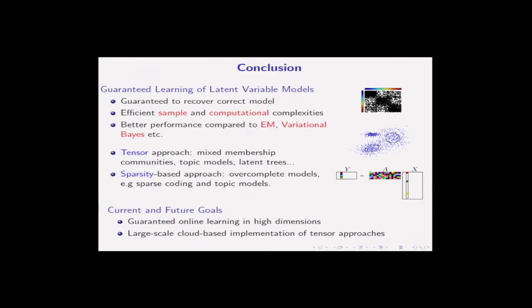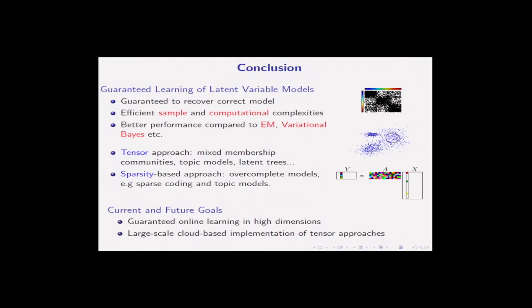And compared to heuristics such as EM or variational Bayes, we have guaranteed recovery of the true model. I would put them broadly into two approaches. One is the tensor decomposition approach that I talked about in detail. This works very well for undercomplete models where the latent dimensionality is bounded by the input dimensionality.